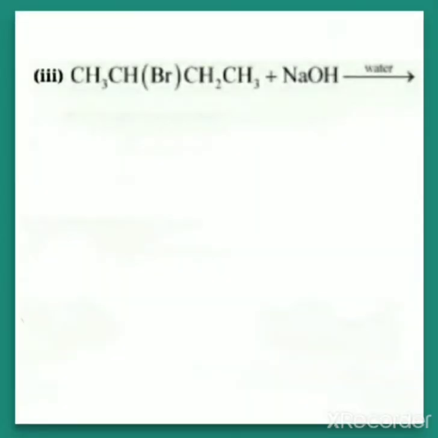Question number third in this, that is complete the equation which is given here. First of all, identify the type of reactant here. Here this is a haloalkane plus NaOH in the presence of water. So in the presence of water means NaOH is aqueous. So what is given to us?